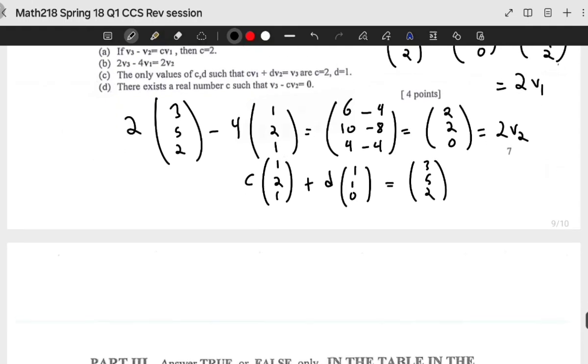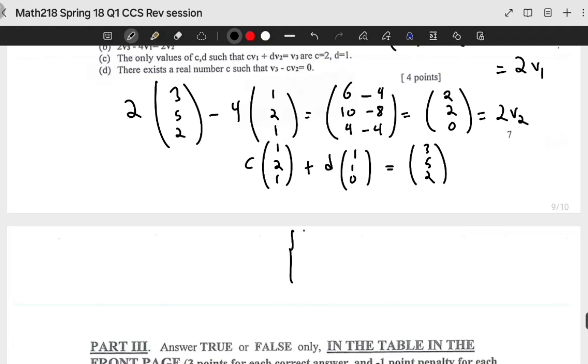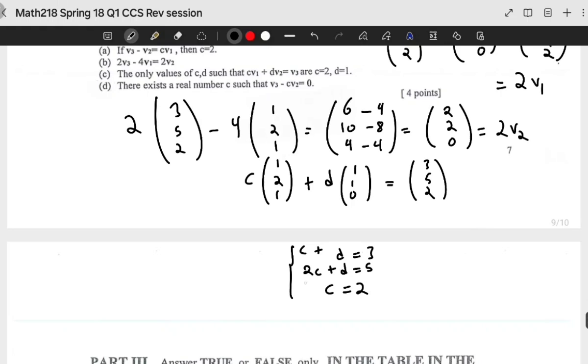So the system we have is c plus d equal to 3, and we have 2c plus d equal to 5, and we have c equal to 2, and we can try to solve this system. We can actually write it in an augmented matrix form and then get the reduced echelon form, etc. And eventually we're going to reach the conclusion that yes, this system is consistent and it has a unique solution, and that unique solution is c equal to 2 and d equal to 1.